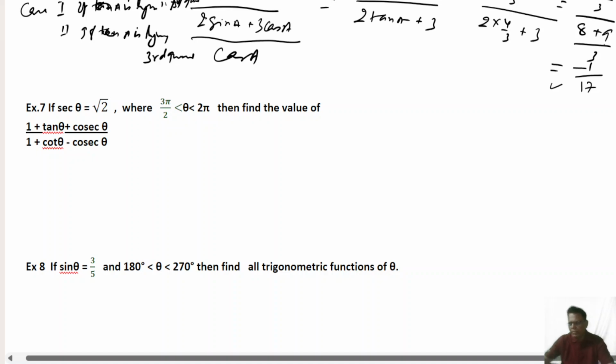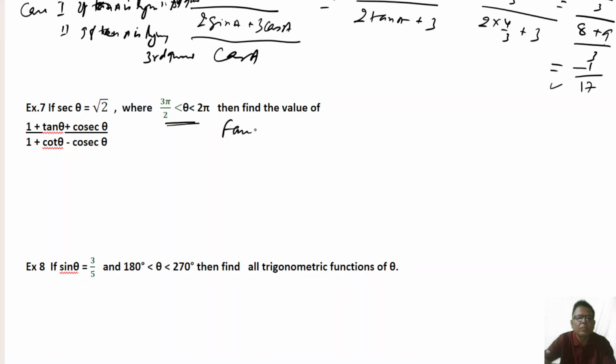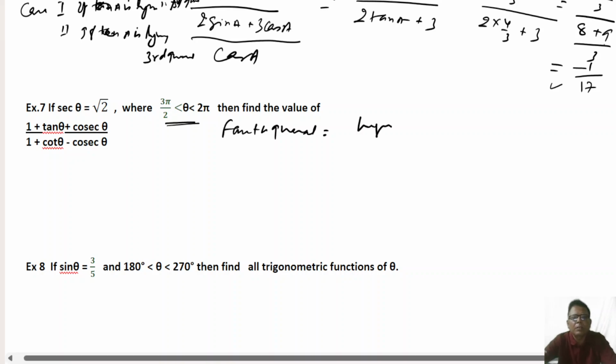Here it is given that it is lying in the fourth quadrant. So in the fourth quadrant, height is negative and base is positive. And hypotenuse is always positive. So that is not an issue.